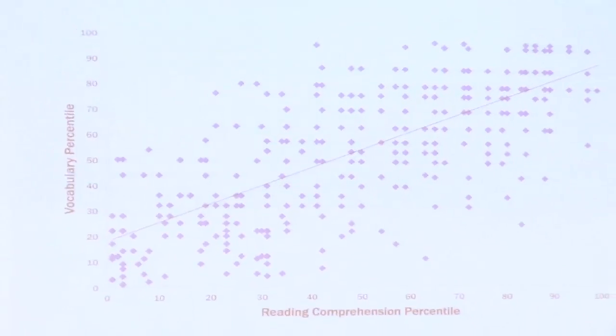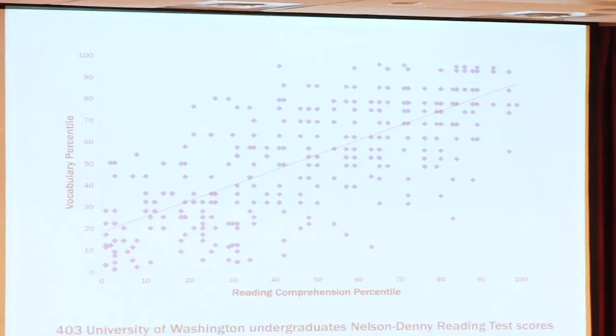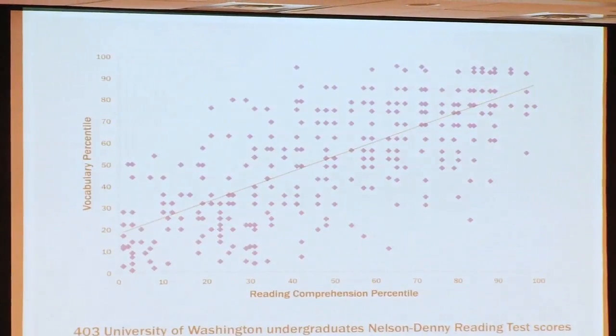And that has both a reading comprehension aspect and a vocabulary aspect. And I should say that she filtered out anyone who was registered with the university's Disability Services Center. So, presumably this is primarily folks who do not have any diagnosed disability.